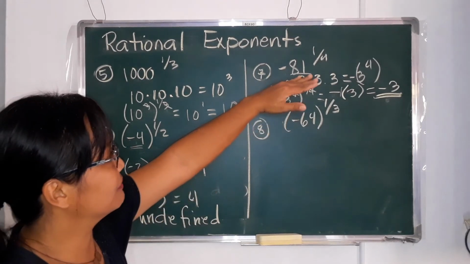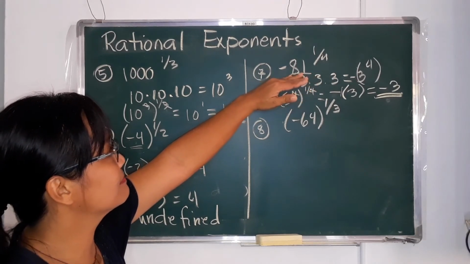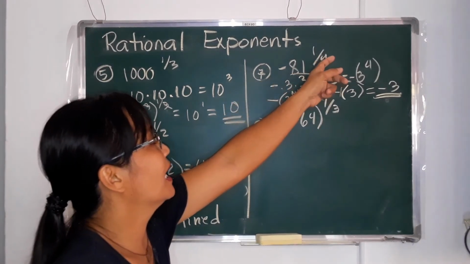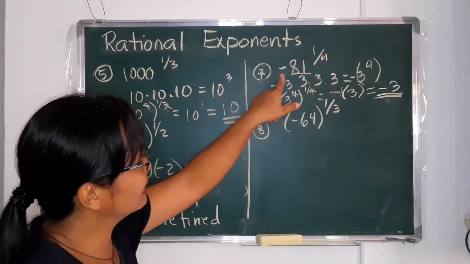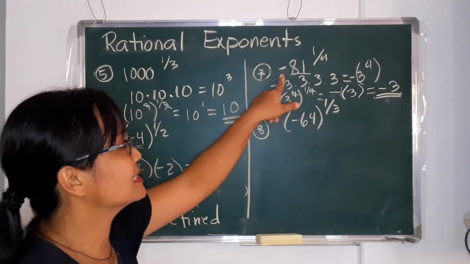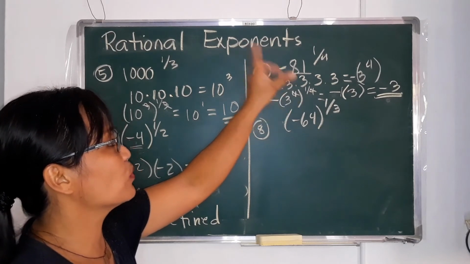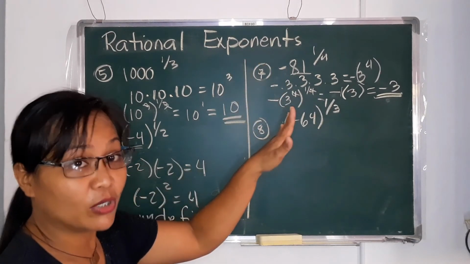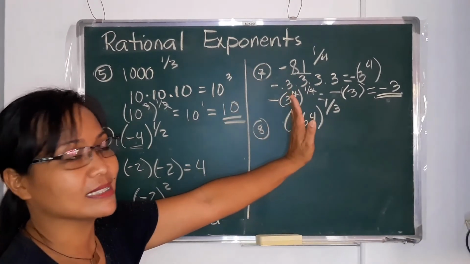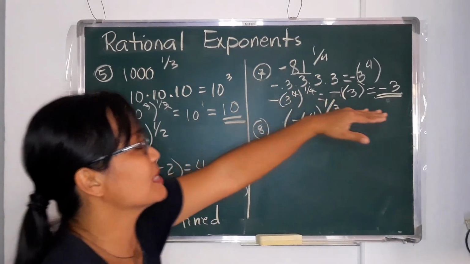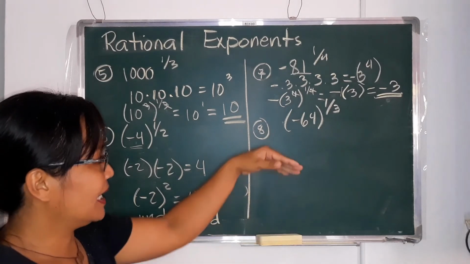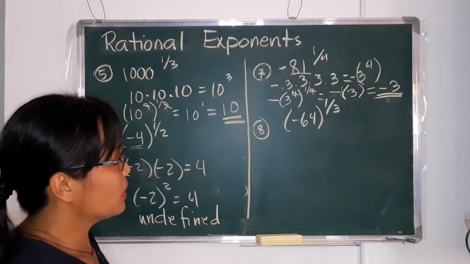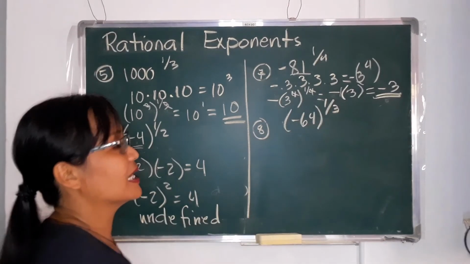But if the base is negative with an even number exponent, but the negative sign is not enclosed with close and open parentheses, then there will be an answer. It is not undefined. Okay, next, last number, we have negative 64 raised to negative 1/3.